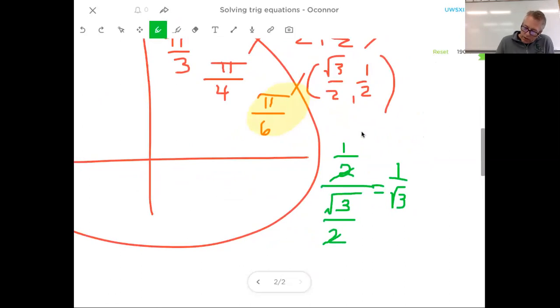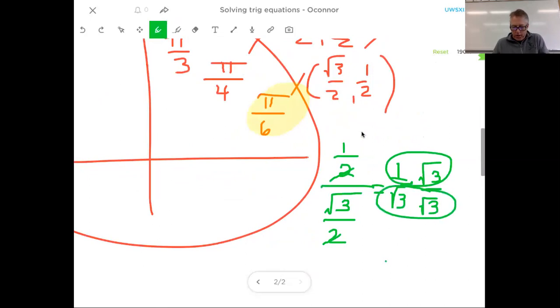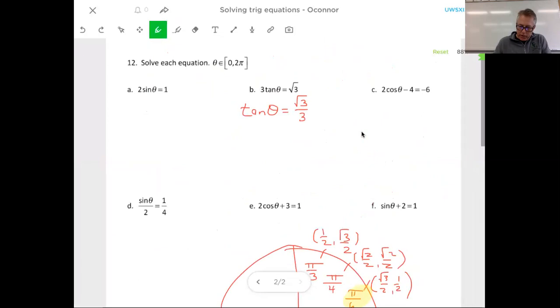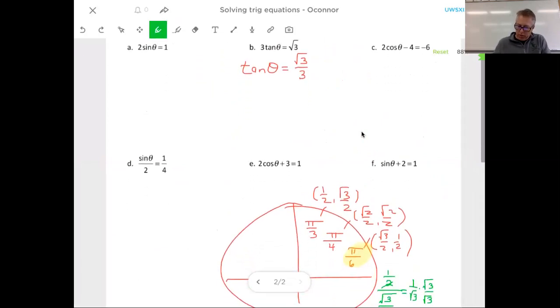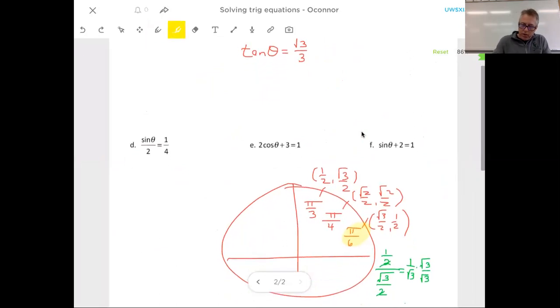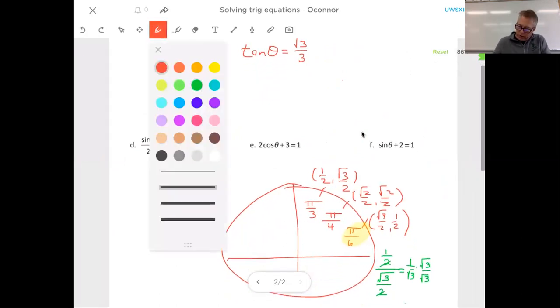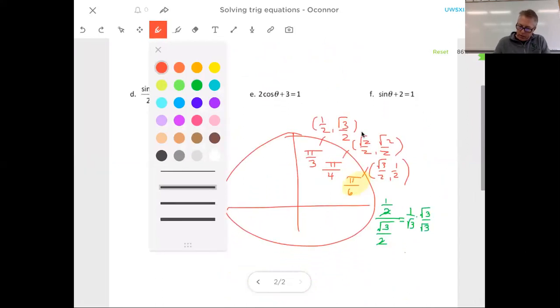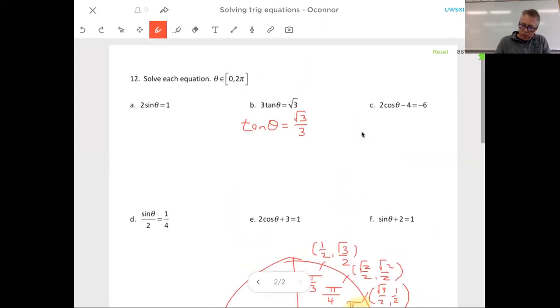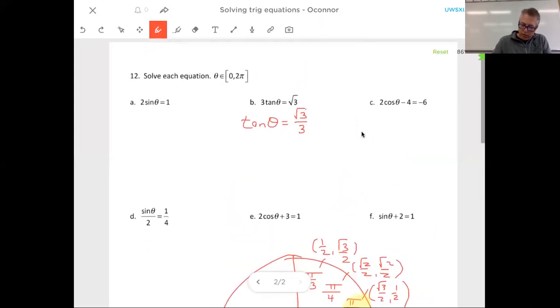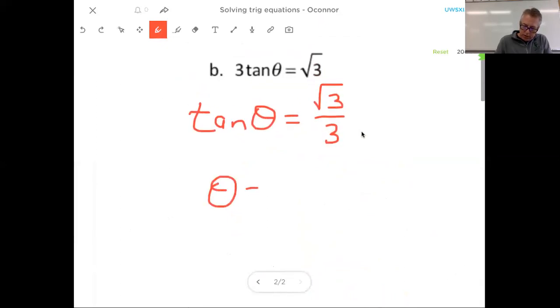Which, if you rationalize, so you multiply top and bottom by root 3 over root 3, we get root 3 on top and 3 on the bottom. So that's where the tangent is root 3 over 3. Okay, so that is definitely a hard one. That happens at pi over 6. So theta is equal to pi over 6.